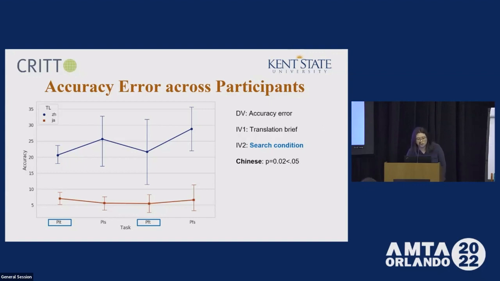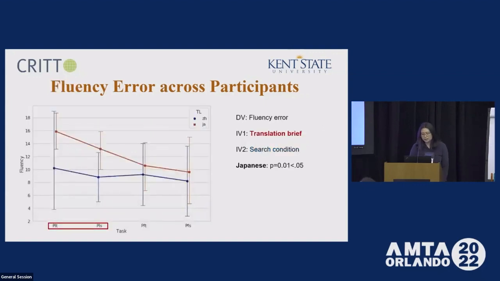when they're provided with whole internet search. And second, if the dependent variable is fluency error and the independent variables are translation brief and search condition, we see that Japanese participants have a gradual decrease across the tasks in fluency errors, but the Chinese participants don't have a significant difference between each task.